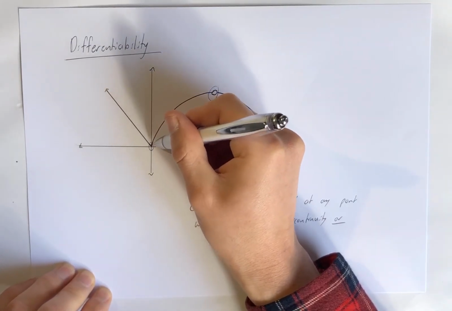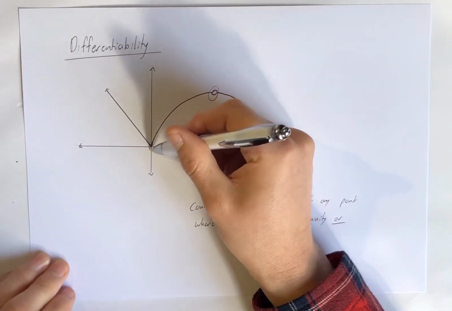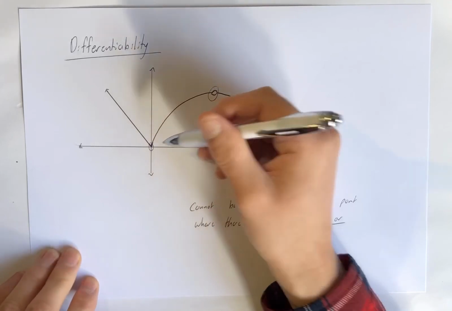It's almost like our limit theory. So our gradient on this side is positive and it's negative on this side, so it's undefined there.